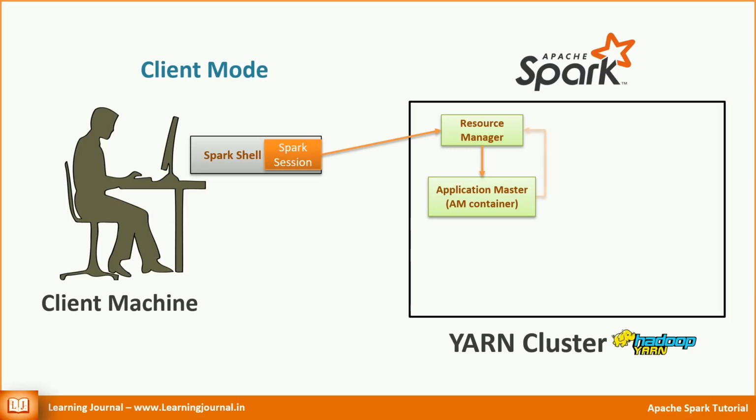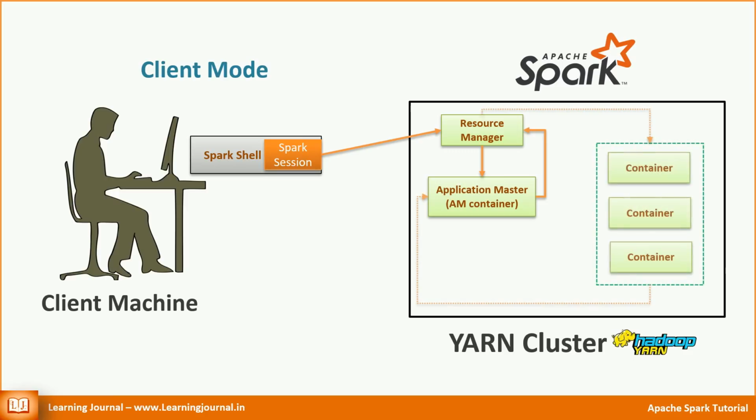So the AM will reach out to the Yarn Resource Manager and request further containers. The Resource Manager will allocate new containers, and the application master starts an executor in each container. After the initial setup, these executors directly communicate with the driver. That's it. Great. So this is how Apache Spark creates a driver and executors for a client mode application.